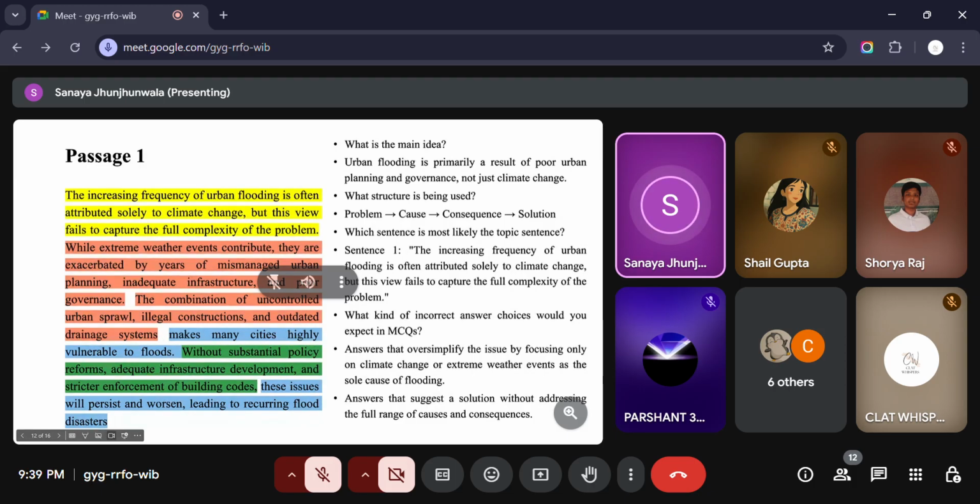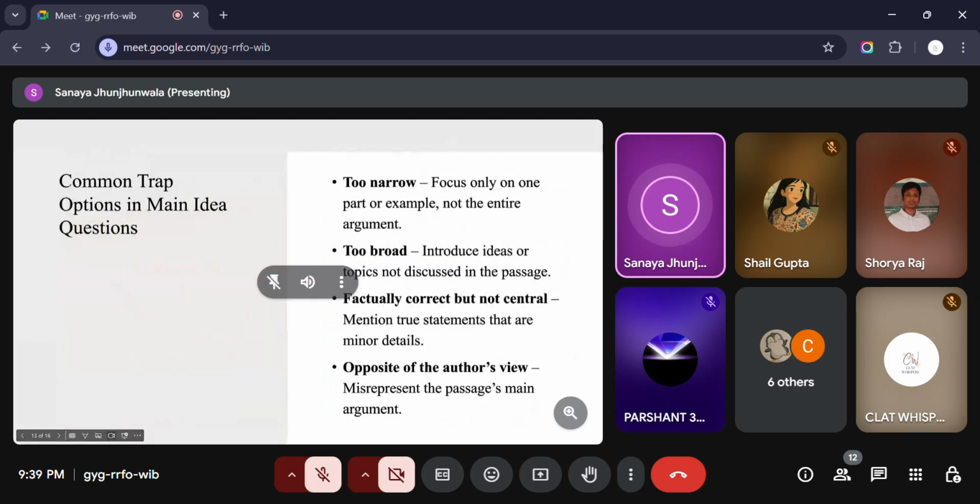It's a factual statement, but it's not the main idea. It's a supporting statement, basically. And opposite of the author's view, which misrepresents the passage's main argument. मतलब any option that is opposite to what the author is trying to talk about. For the previous passage, it can be that poor urban planning is not a cause for urban flooding.